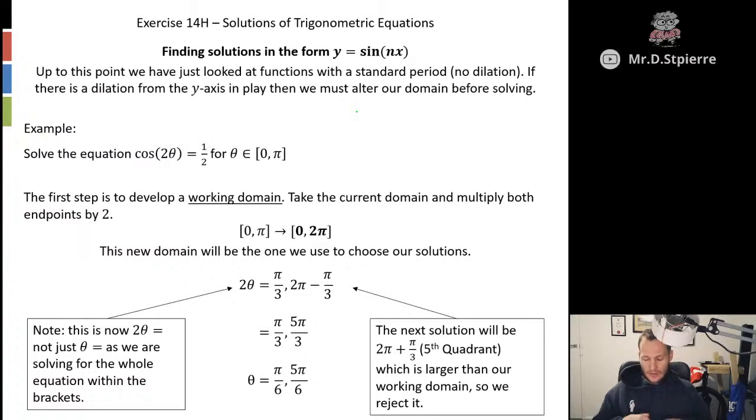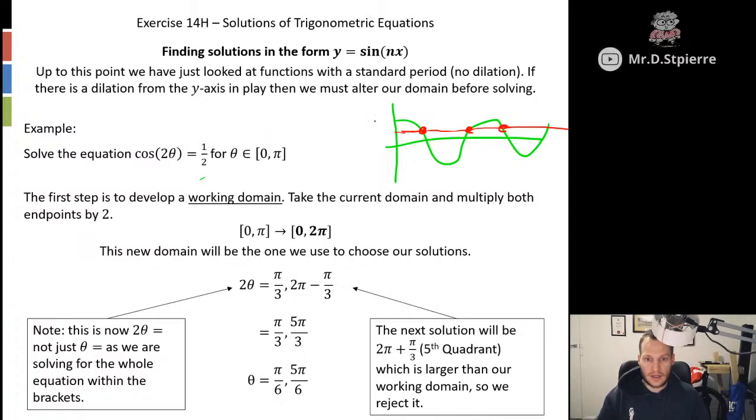Okay. So the process that we're going through, we wouldn't have to if we just looked at this on our calculator and sketched it. Actually it's a cos graph, so like that, and then we're looking for when this is equal to half, so we could put in y equals half across there, and we can just see which points cross in our domain, and that would be the correct domain if we just did it graphically.